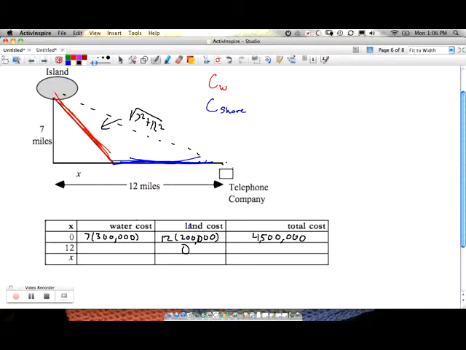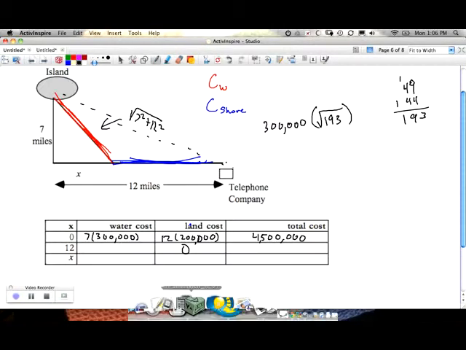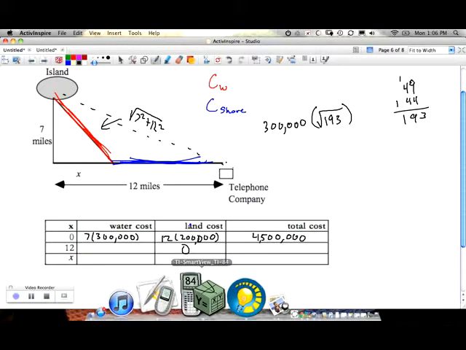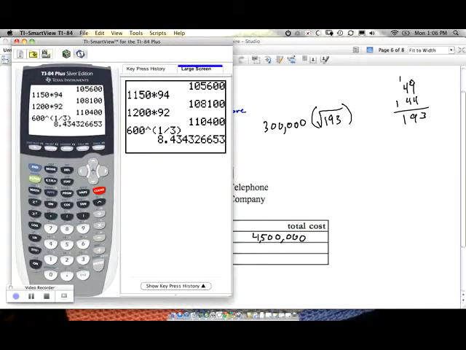That's going to be the square root of 49 plus 144. It's 193. That's going to be close to 14, really close to 14. So it's square root of 193 times 300,000. We're going to need a calculator for this. So we get second square root 193 times 300,000.